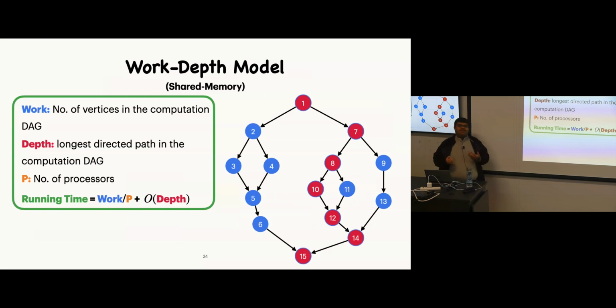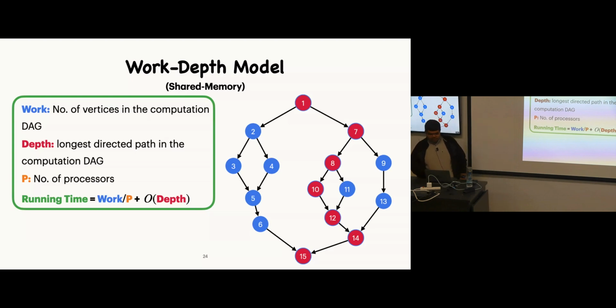If you're given some algorithm, you can view it as a set of operations for which you can construct a computation graph, where each vertex corresponds to some operation performed by the algorithm, and directed edges determine if there's a dependency between these operations, right? So any algorithm can now be represented in the form of a DAG.